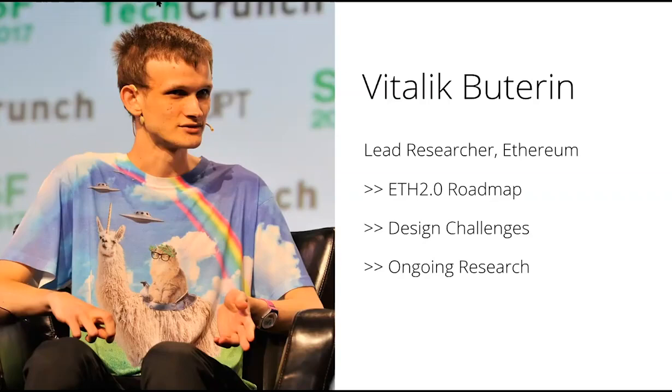And number two, sharding, which is the scalability technology that says, instead of every computer needing to verify every transaction, we have every transaction be verified by a small random subset of all of the validators in the network.